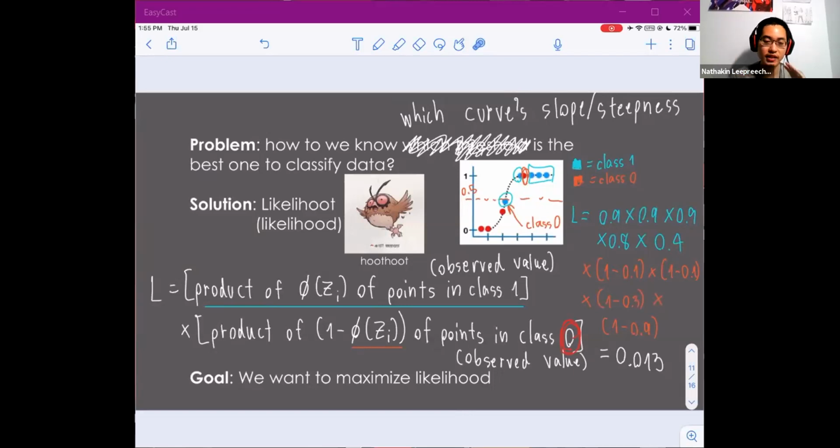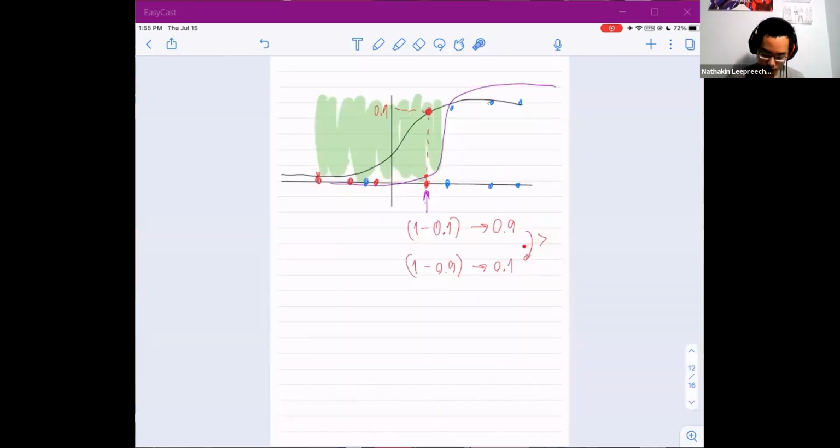If a point is correctly classified, it's going to give you some high value. But if it's not, like this one, which is projecting up here, then it can give you some low value. But our goal is to maximize every value so that it will classify correctly.